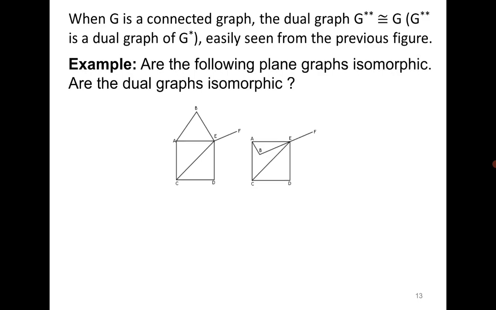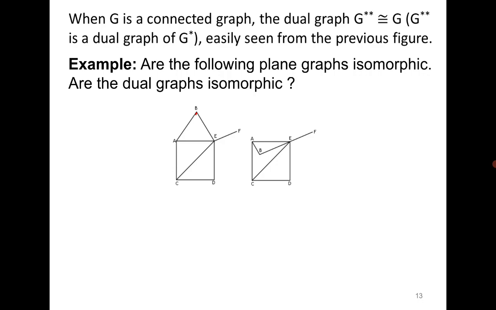Now consider the following two examples and check if the following graphs are isomorphic. Again, it can be easily observed that yes, they are isomorphic because we have just shifted B to the inside. But when we shifted it, the faces got changed.